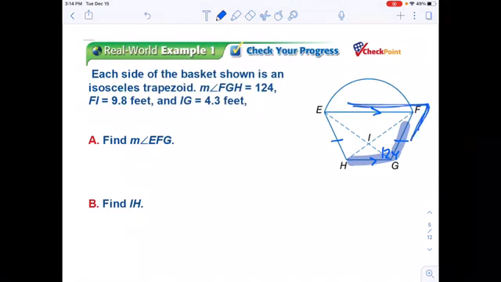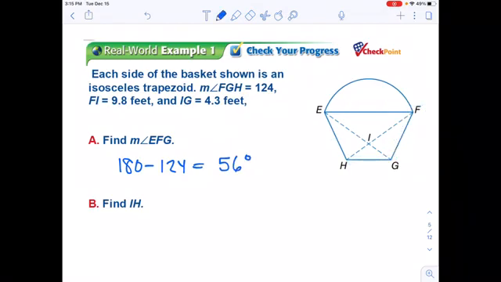Same thing here, consecutive angles that are not congruent, are not a base angle pair. You just subtract from 180 to solve. So 180 minus 124 is equal to 56 degrees. And then for IH, this one is a little different than the previous problem.